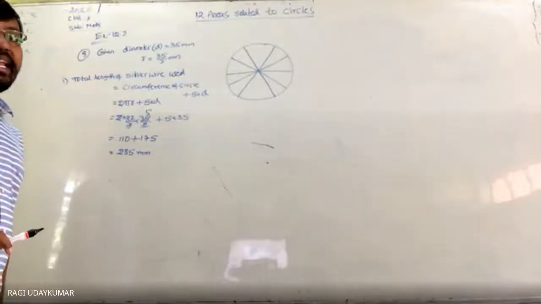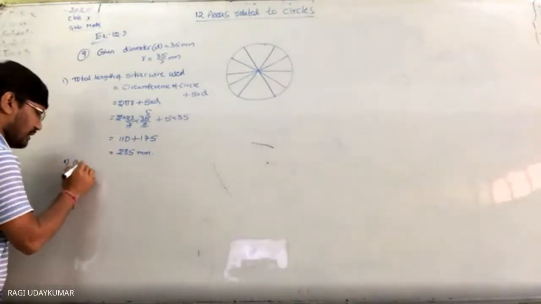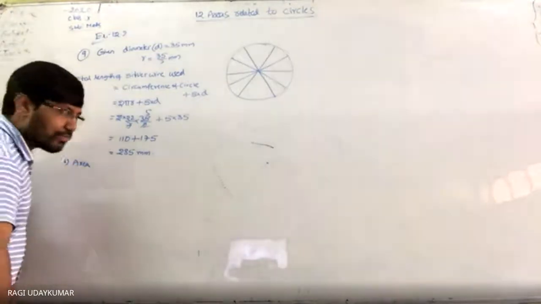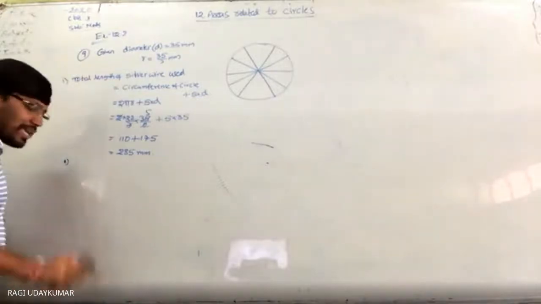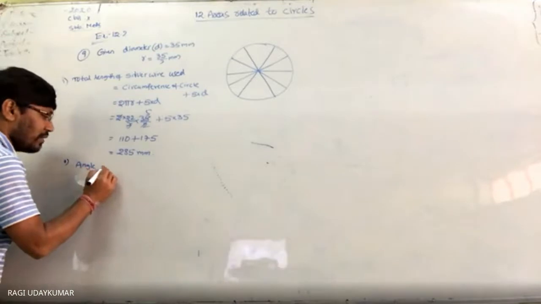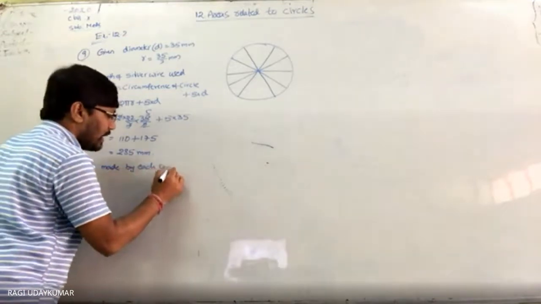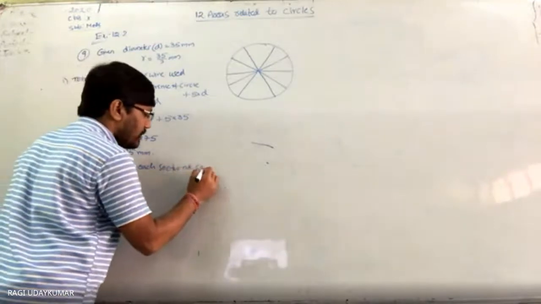Yes, sir. Next, area of the each sector of the brooch. Second question में area of the each sector. So area of the each sector find out करने से पहले the angle of the each sector you need to find out. Angle made by each sector at center.